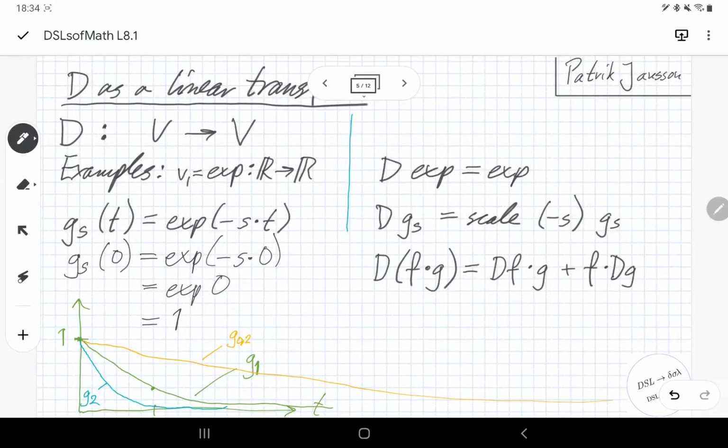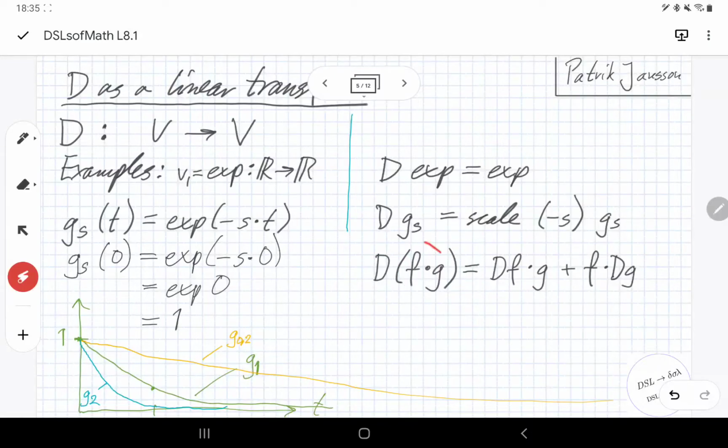So that was one of the components, understanding a little bit of this family of functions g. They have the property that if you apply the derivative to them, they just return a scaled copy of themselves. And this is roughly what they look like. We've computed that d of x is x, d of gs is scale minus s of gs. Another operation we can remember from earlier is the derivative of a multiplication of two functions.